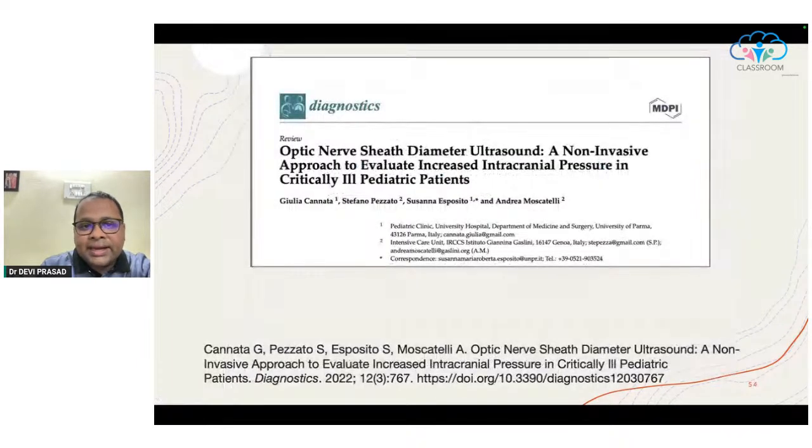This was by Canada et al., in which they used ONSD as a non-invasive approach to evaluate increased intracranial pressure in critically ill pediatric patients, including neonates and adolescents as well.